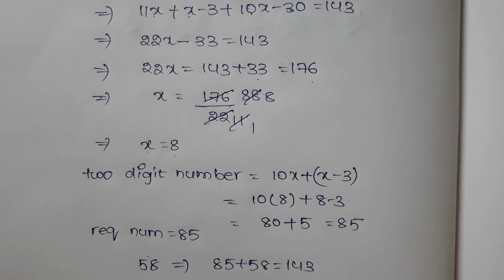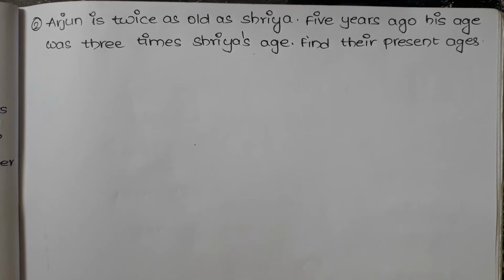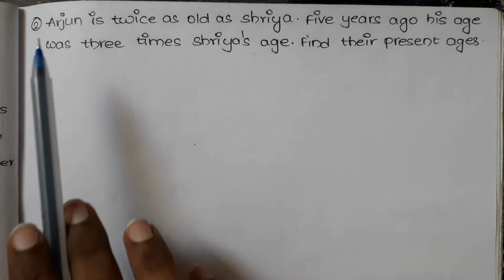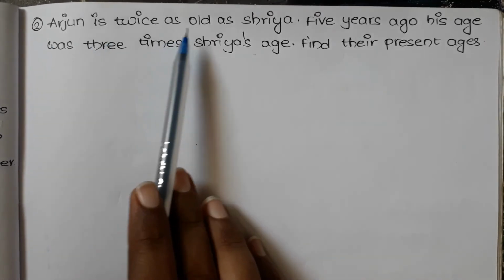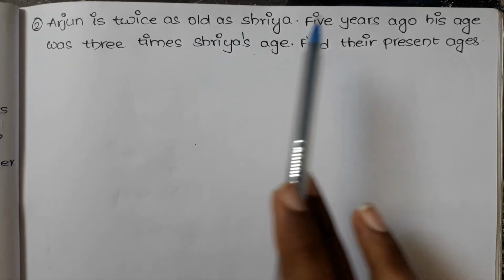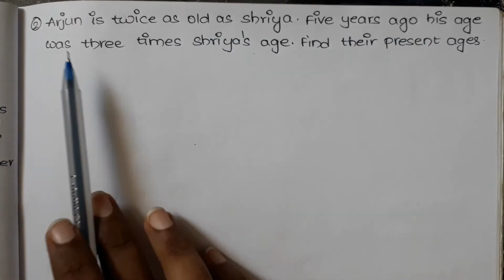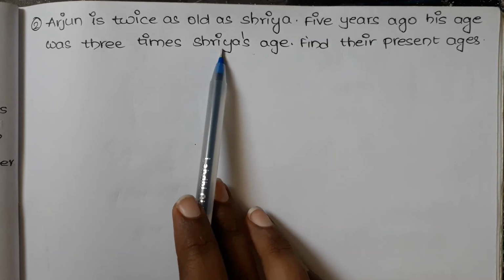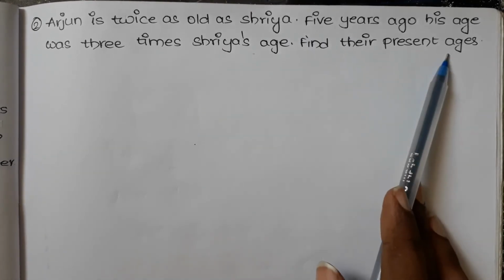Now let us see the second example. Question: Arjun is twice as old as Shriya. 5 years ago his age was 3 times Shriya's age. Find their present ages.